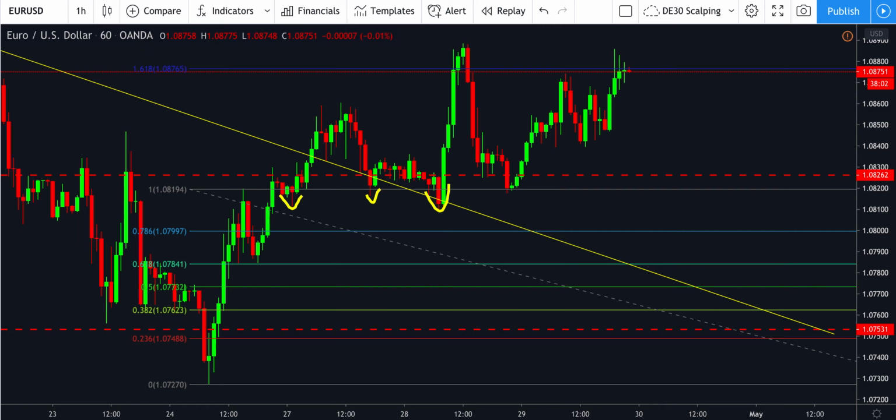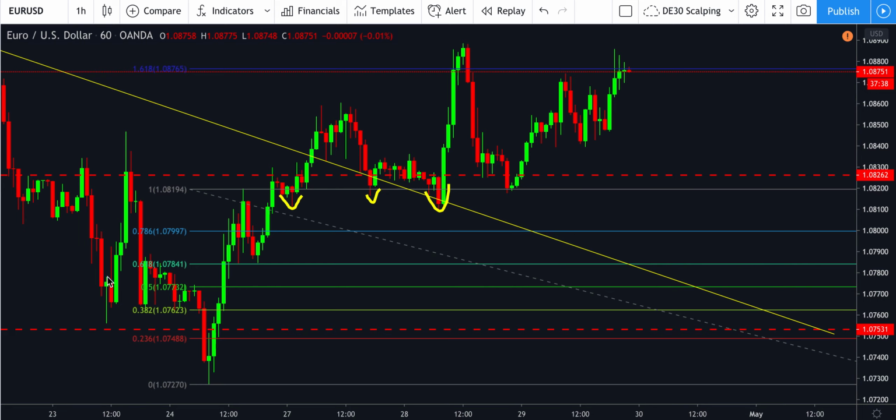For day traders, these daily updates are very much what they can use, or they can at least get some trading ideas from. So to get started, let's look at the Euro USD.